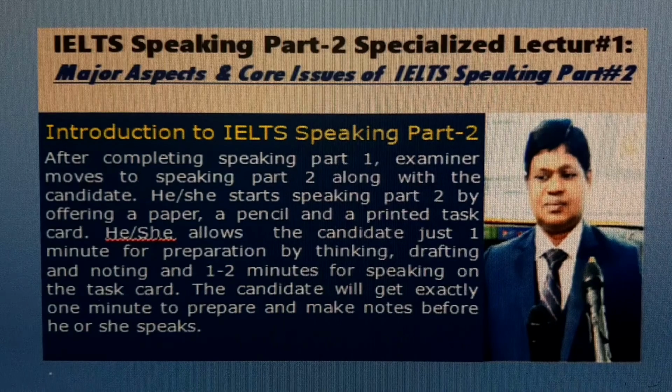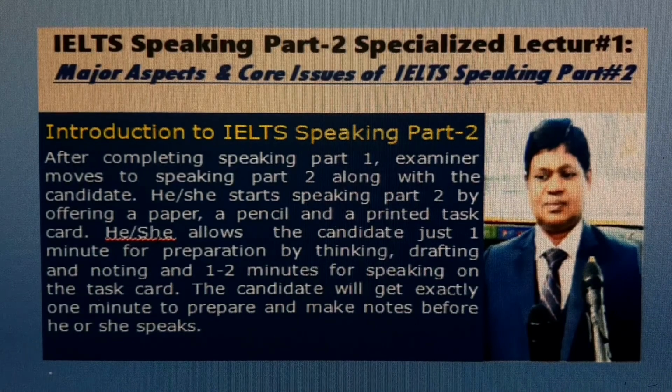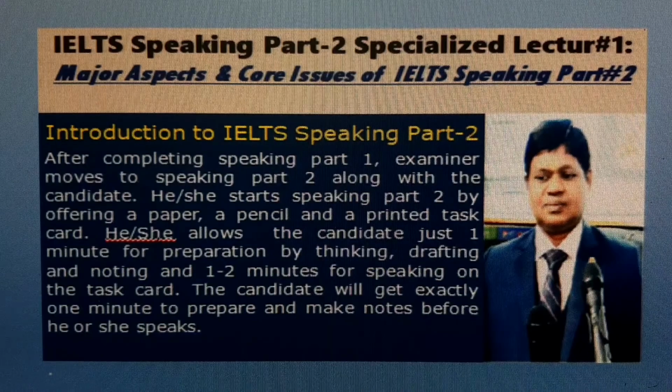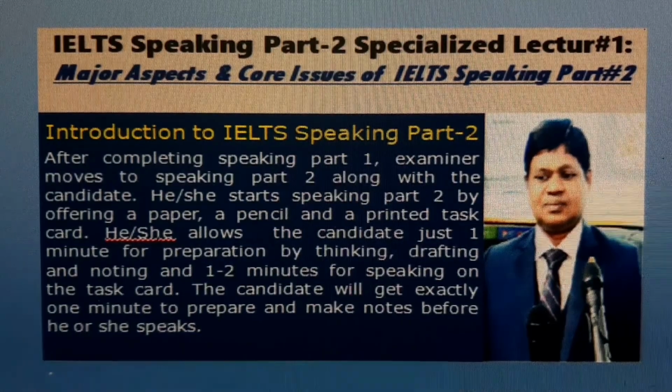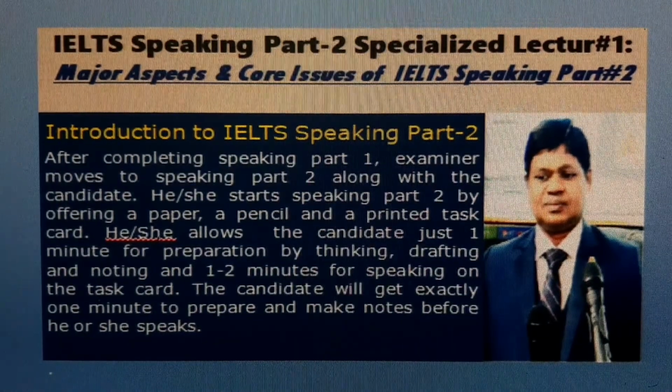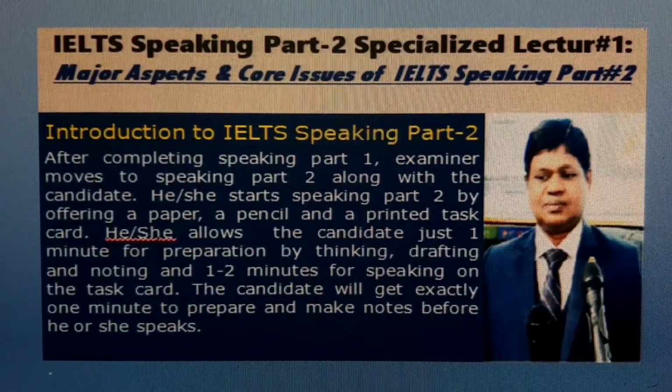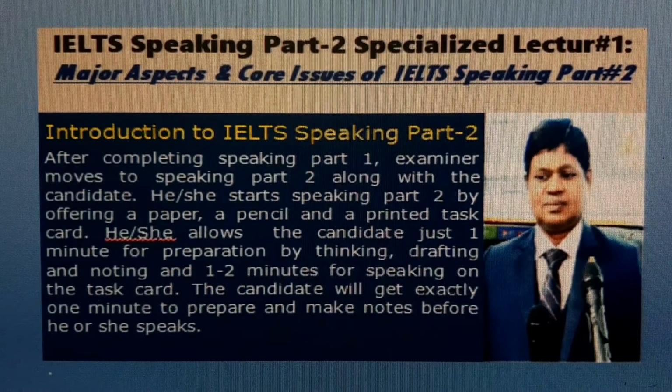The question card or cue card topic is followed by 2 or 3 WH questions, usually starting with what, where, when, why, how, etc. and 1 or 2 stimuli with instructions and commands. You will have exactly 1 minute to prepare and make notes before you speak.